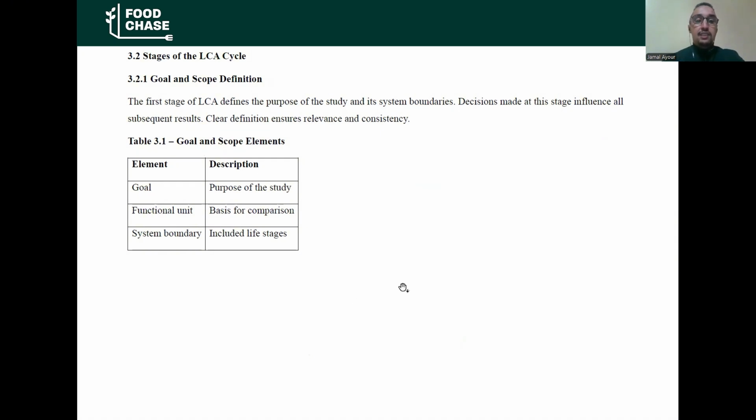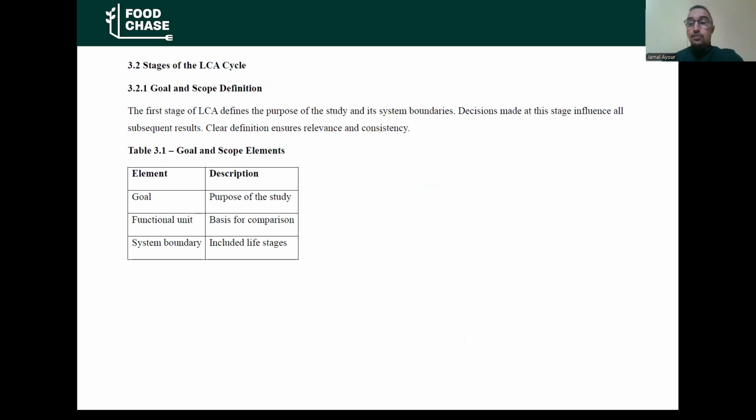For example, in this table, we present different elements with their descriptions: the objective, goal, and purpose of the study, then the defined functional unit, the basis of comparison between different units, and the system boundary.